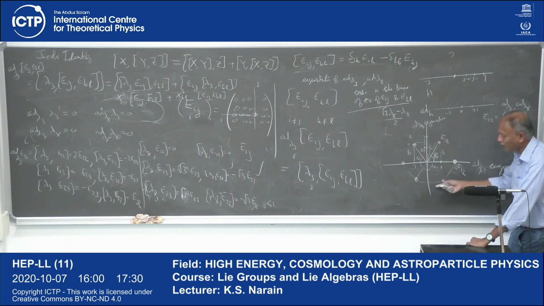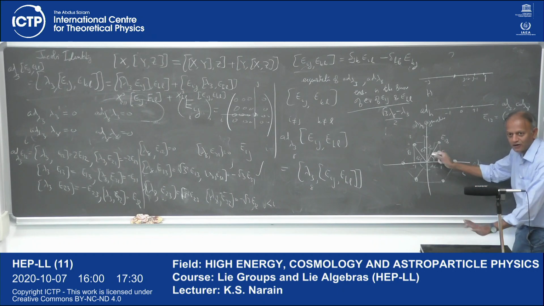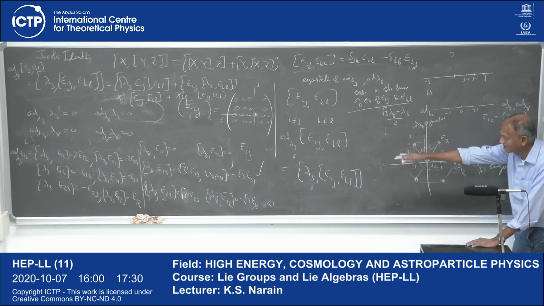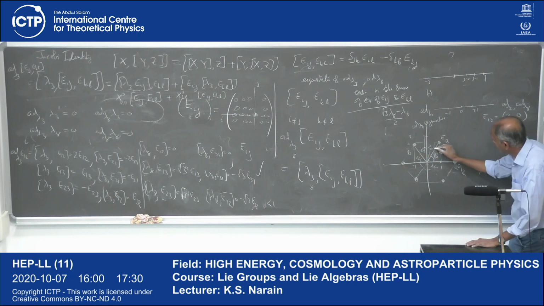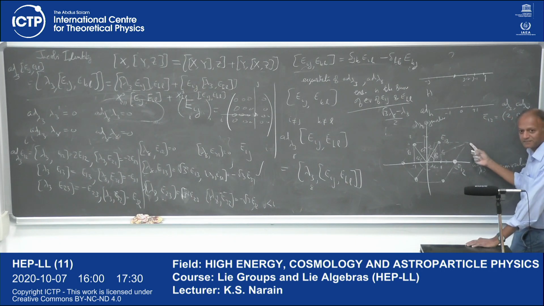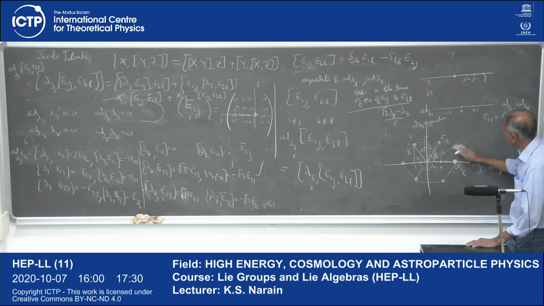This was the set of all roots, right? All the non-zero roots we have drawn. We have taken into account all the 6 remaining generators outside the Cartan. If I take the sum of these two vectors, to draw a parallelogram, then this will be a vector, right? But this doesn't exist. So this concludes that the commutator of E12 with E13 must be 0.